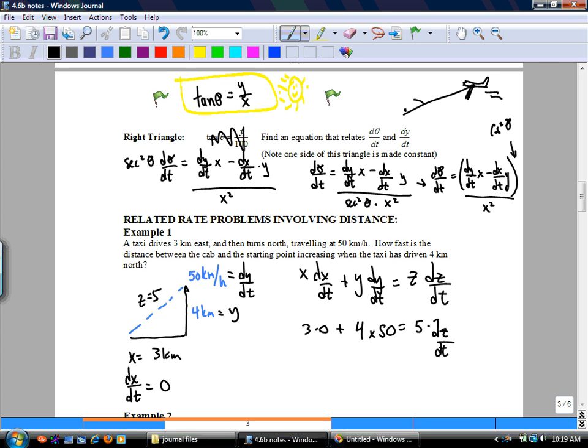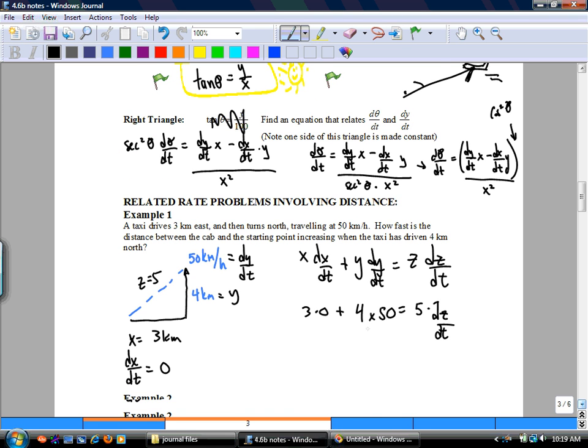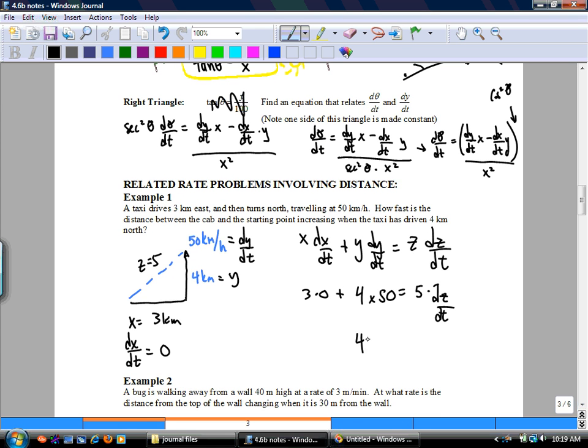Four times 50 is 200. 200 divided by 5 is 40. 40 kilometers per hour. Remember doing all that angle stuff, south of east? We don't do that here.